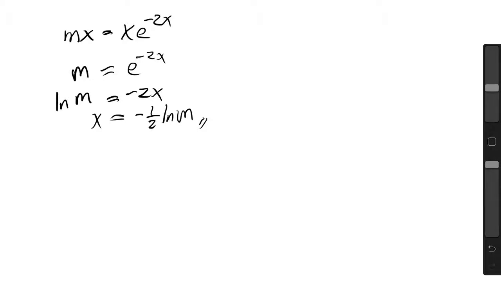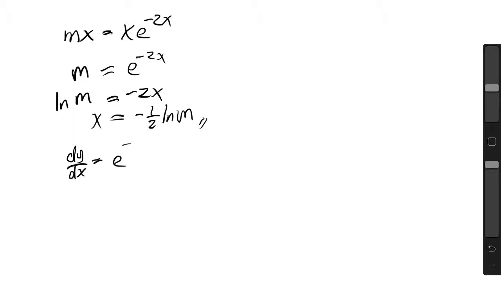Part 2, find in terms of m the gradient of the tangent to the curve at P. So we want to differentiate, so dy by dx is, we need to use product rule, not chain rule.